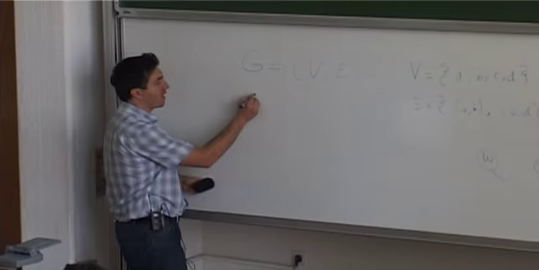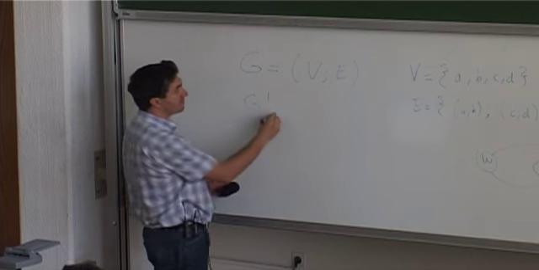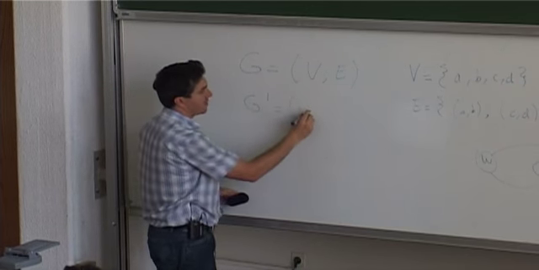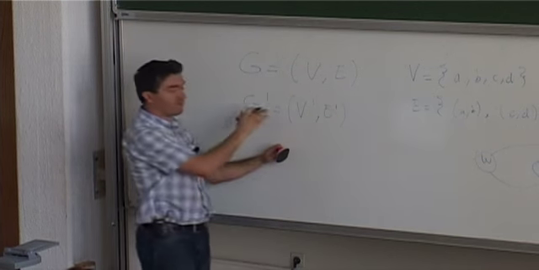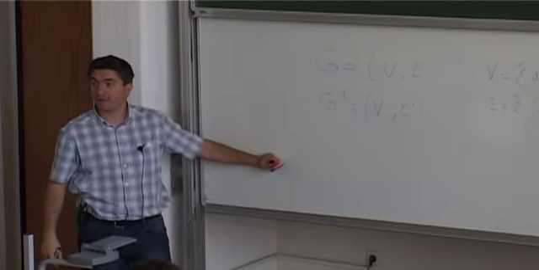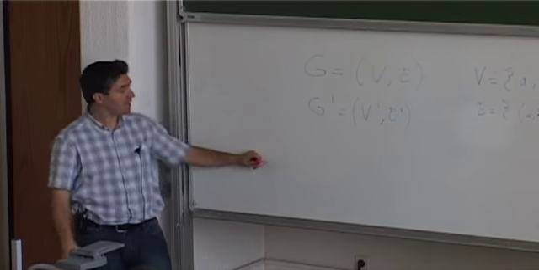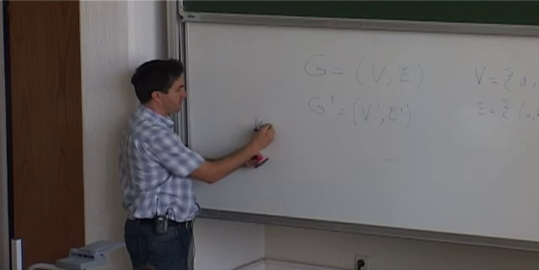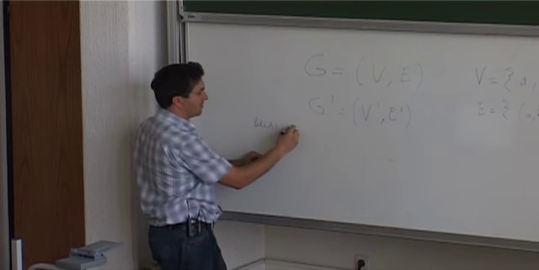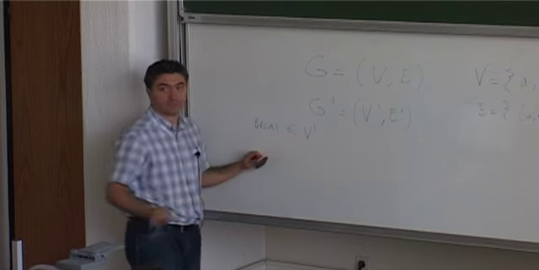find me a subgraph G prime, which is going to be (V prime, E prime), in which BRCA1 is going to be an element of this V prime, okay?